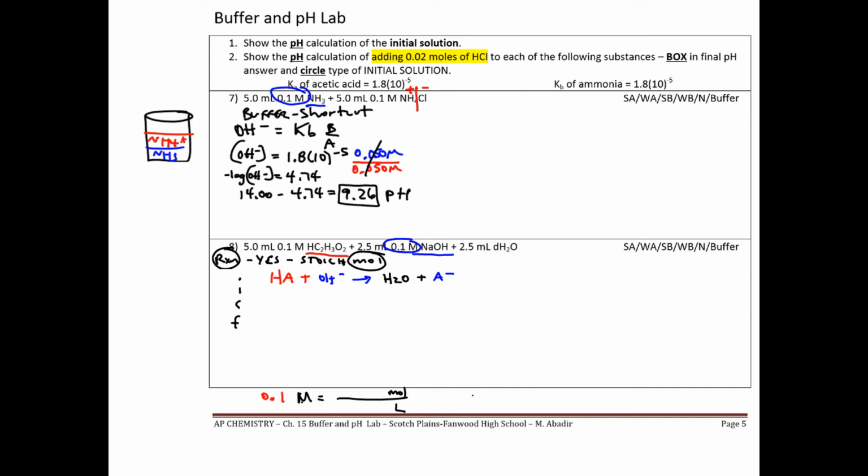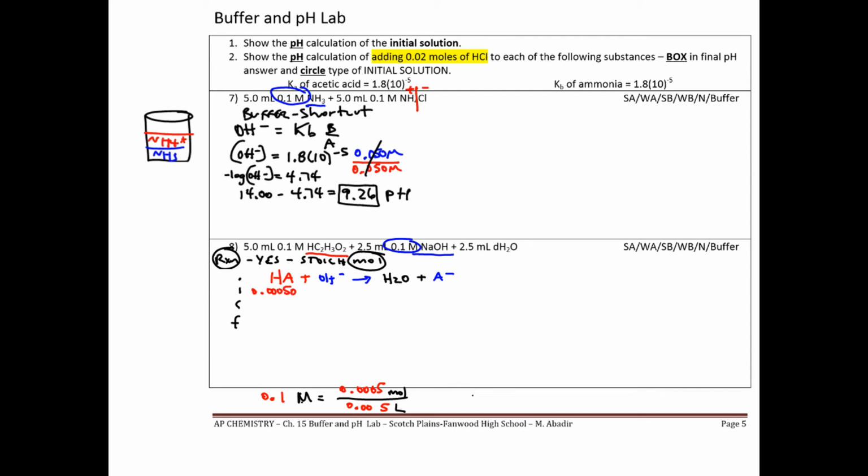We had 5 milliliters, so that's 0.005. Just 2 zeros. And then when you do the math for the top, you're going to get 0.0005 moles. So that goes over here.